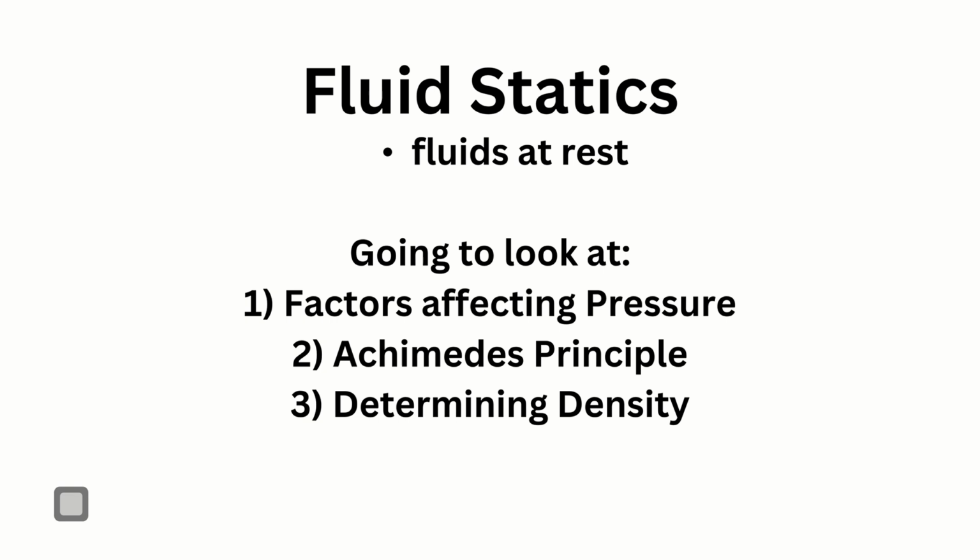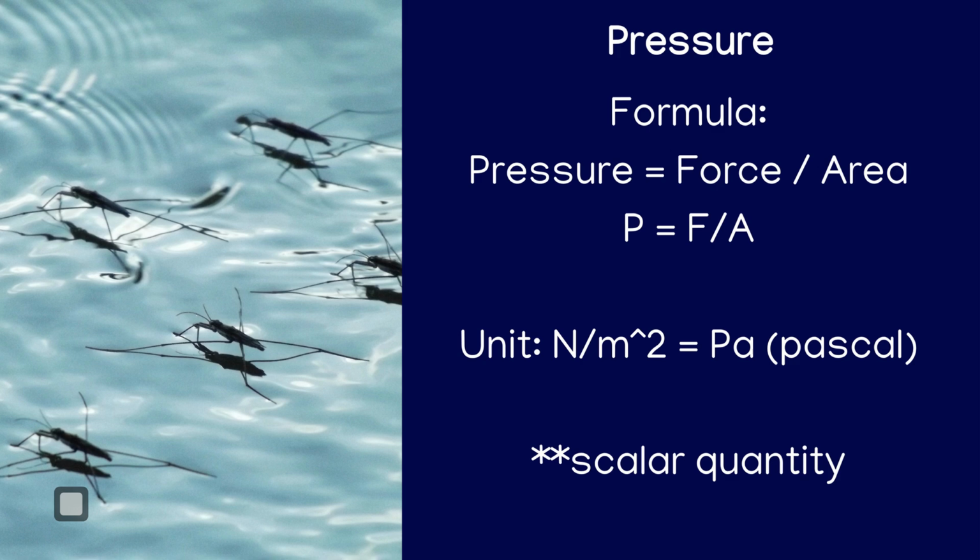Submersing objects, etc. So we're going to be looking at pressure, Archimedes' principle, and determining density through this situation. Again, we have a formula for density. We will see that sprinkled in here and there. I think during the rest of this video, I'm going to focus on the pressure part because that is a new unit. So, pressure.